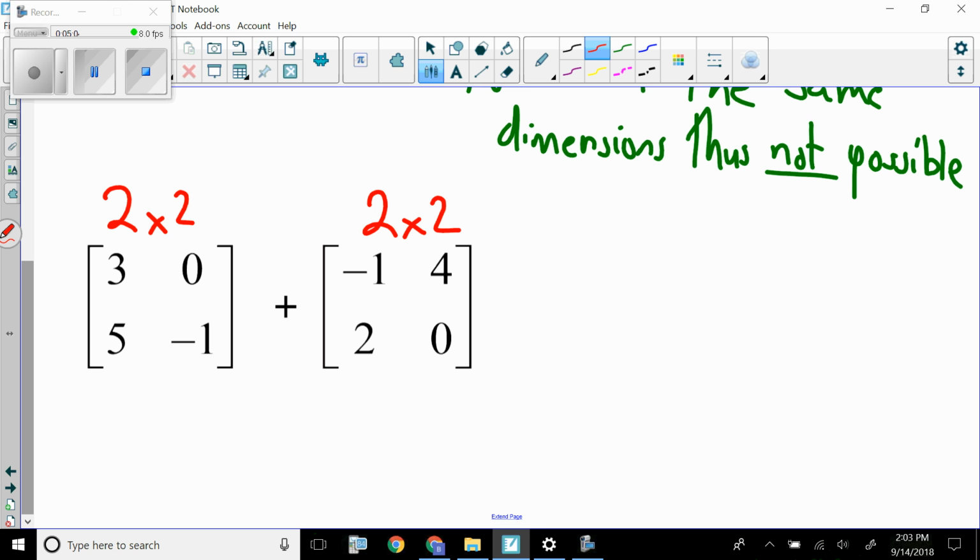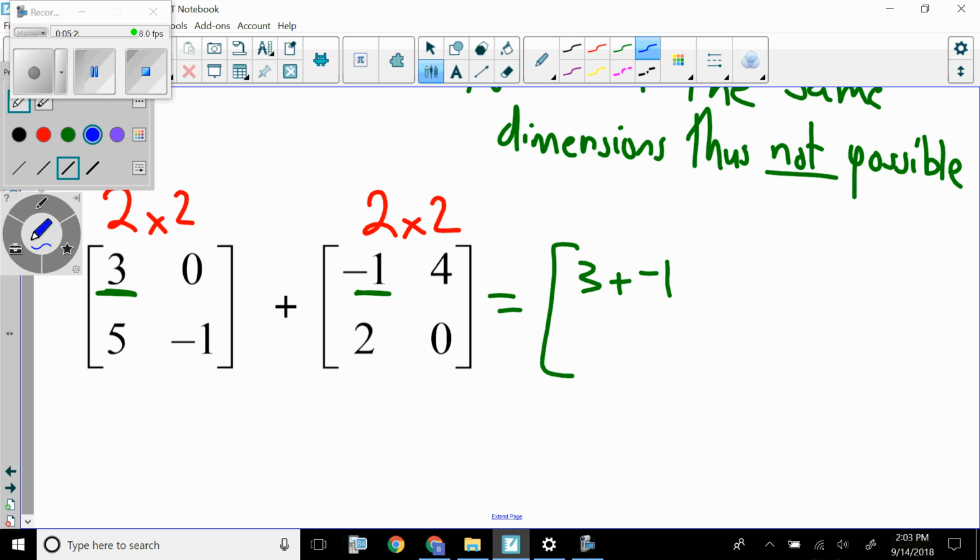Now I am going to go through each element, and I'm going to add them up. Here I am adding the 3 and the -1 because they're in the same spot. So I have 3 plus -1. Then I continue this pattern.